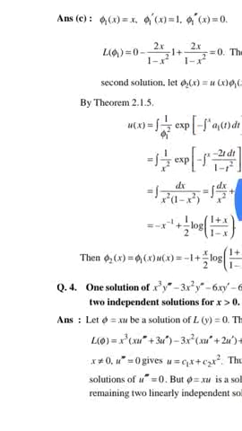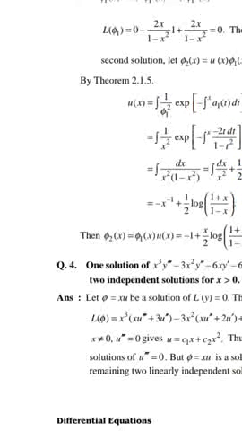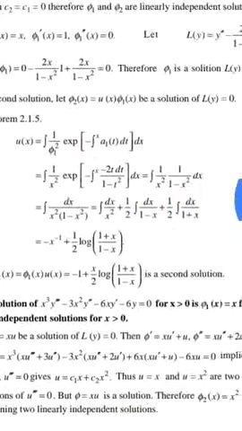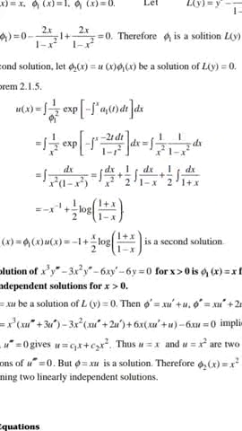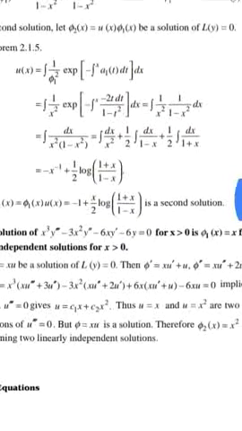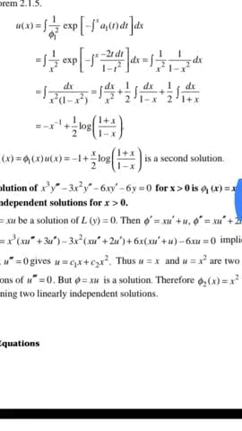By theorem, u of x is equal to the integral of 1 upon phi 1 square times the exponential of minus the integral over x of a1 of t dt, dx, is equal to the integration of 1 upon x square times the exponential of minus the integration over x of minus 2t divided by 1 minus t square dt, dx, is equal to the integral of 1 upon x square times 1 divided by 1 minus x square dx.